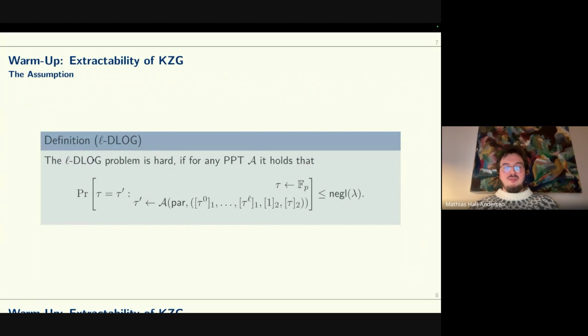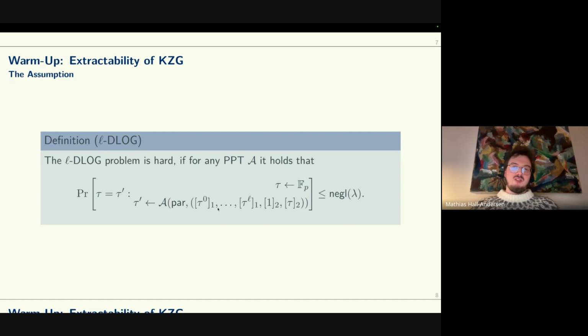So we have this assumption, which is going to be the only cryptographic assumption in this entire talk, which is the LD log assumption. It simply says that if I sample a tau, then for any adversary A, if I give him tau to the 0, tau to the 1, and so on, as well as the corresponding powers of tau in the second group, then the probability that he recovers this tau from this sort of power of tau setup is negligible.